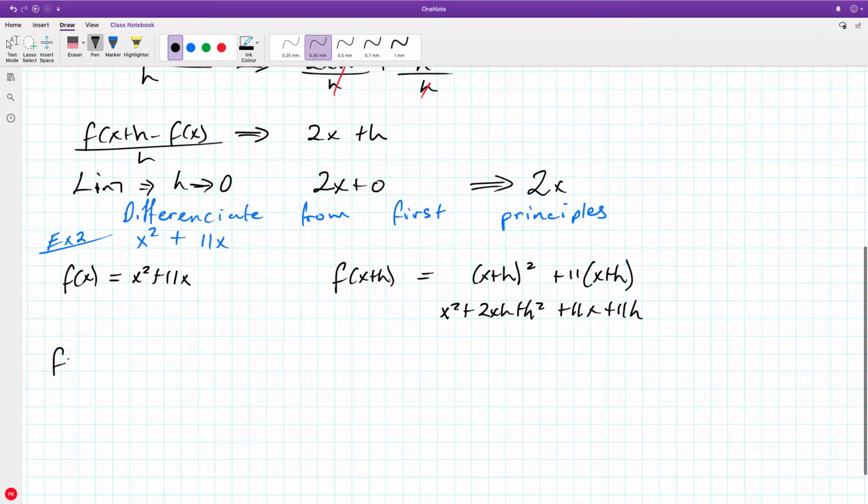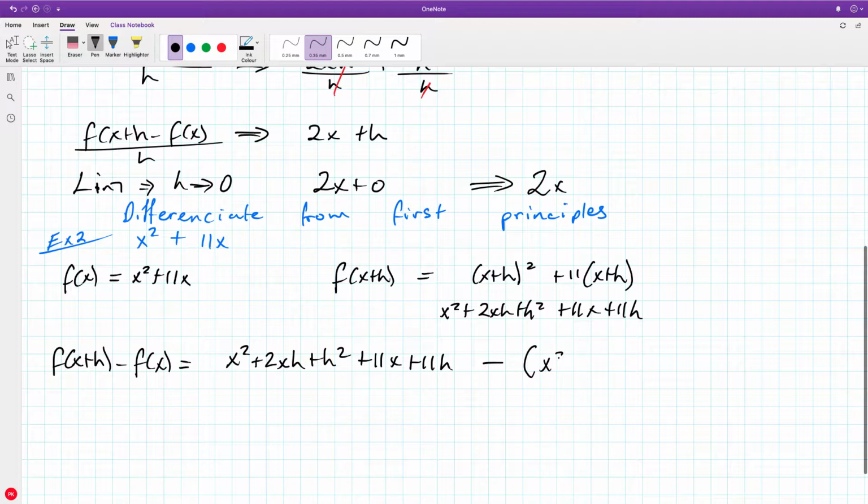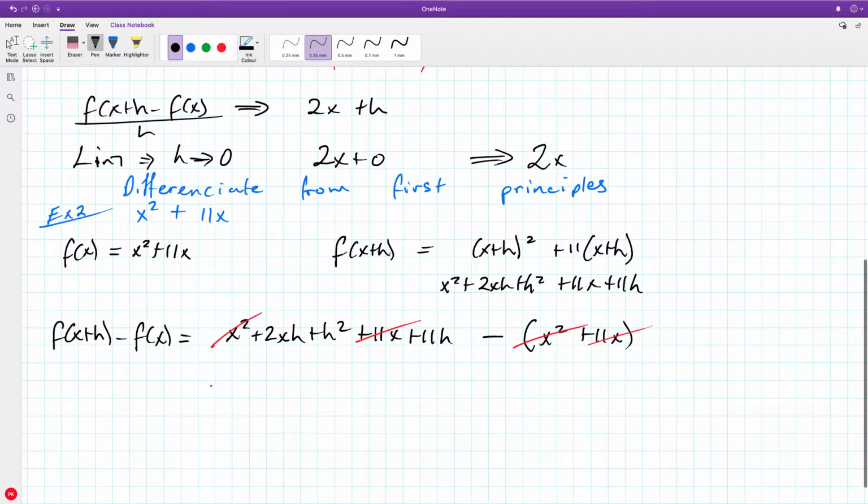So then the function of x plus h minus the function of x is equal to x squared plus 2xh plus h squared plus 11x plus 11h minus x squared plus 11x. Obviously both of these are minus then, so that's minus x squared will cancel with plus x squared, and minus 11x will cancel with plus 11x. So you're left then with 2xh plus h squared plus 11h.